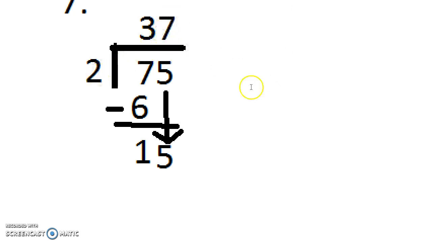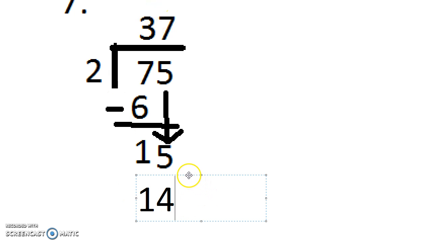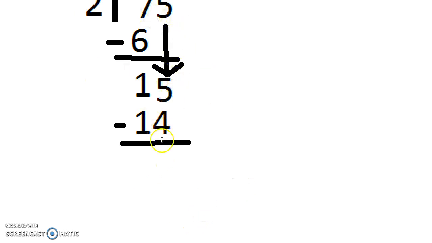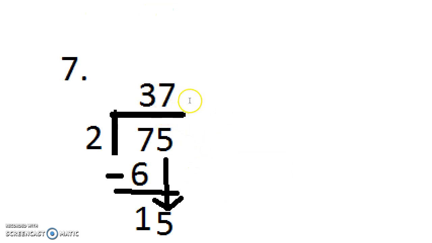So 2 times 7 equals 14. Set up my little subtraction right here. 15 minus 14 equals just 1. Hopefully you guys all got that part. Now we're left with 37 remainder 1, right? Because 2 cannot go into 1.